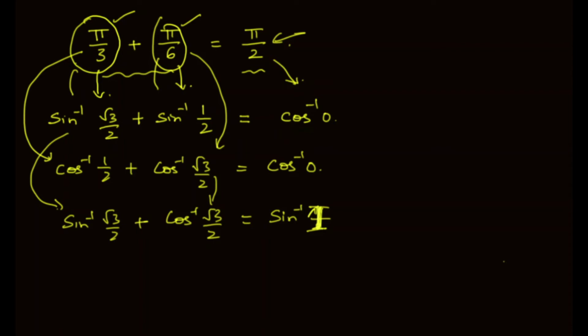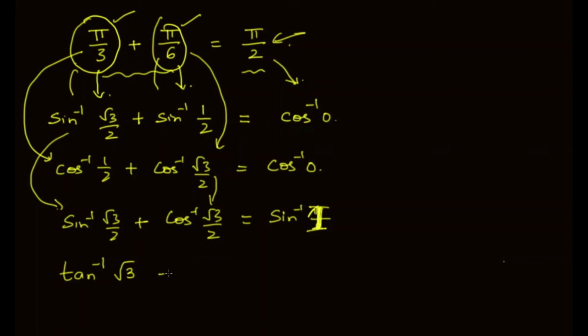But if we write the same thing in terms of inverse trigonometric functions, it might look a little weird or complicated. But all we are doing is two angles added and we are getting the third angle. Look at this. This can be rewritten as: what is pi by 3? Tan inverse of root 3.